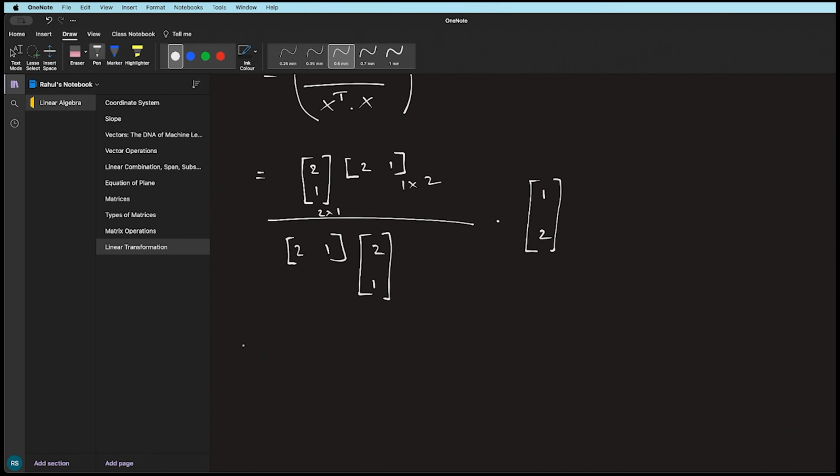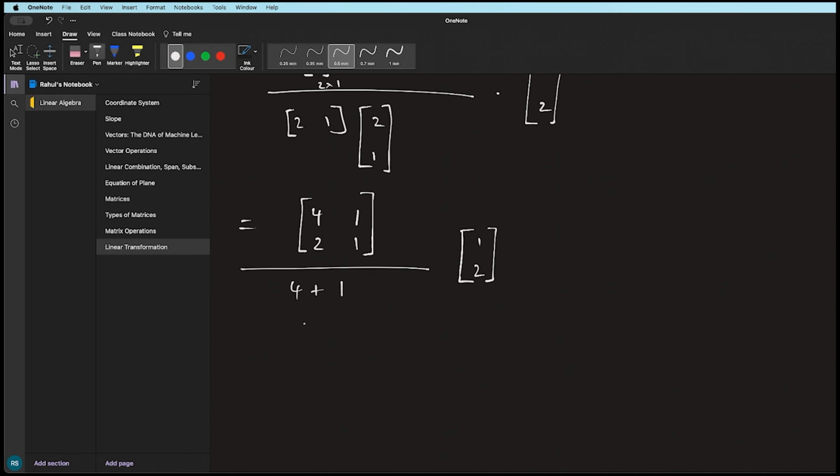I can further simplify this as the matrix 4, 1... and 2, 1 upon 4 plus 1, multiplied by the vector having components 1, 2, that is vector v.